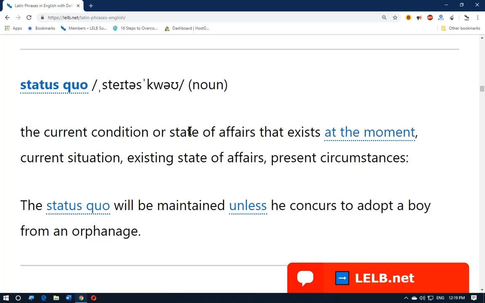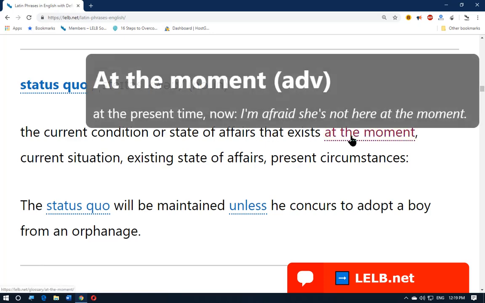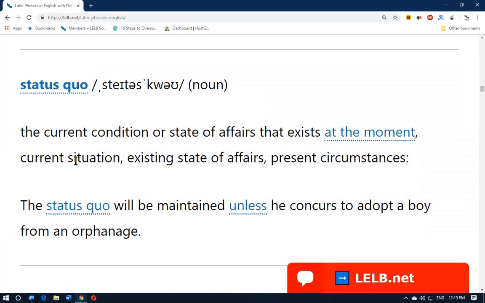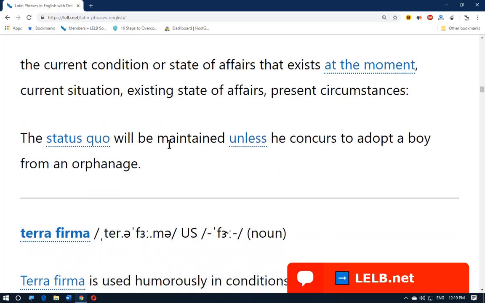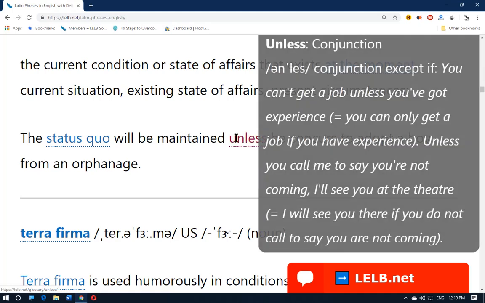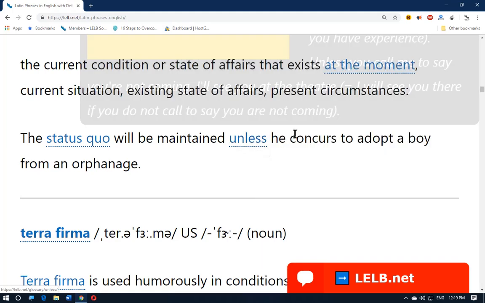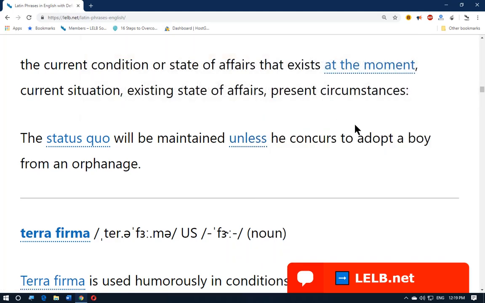So the current condition or state of affairs that exists at the moment, at the present time, now: current situation, existing state of affairs, present circumstances. The status quo will be maintained or kept unless, which means if not. Unless means if not. He concurs to adopt a boy from an orphanage. Concur means agree.